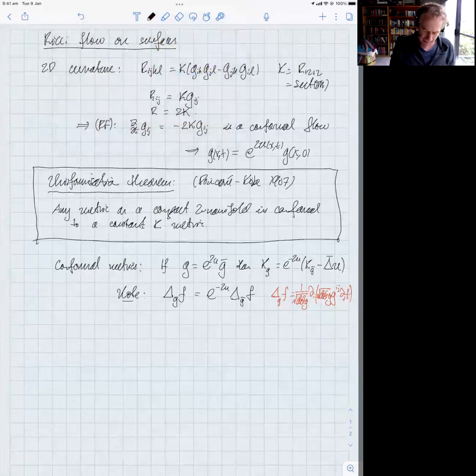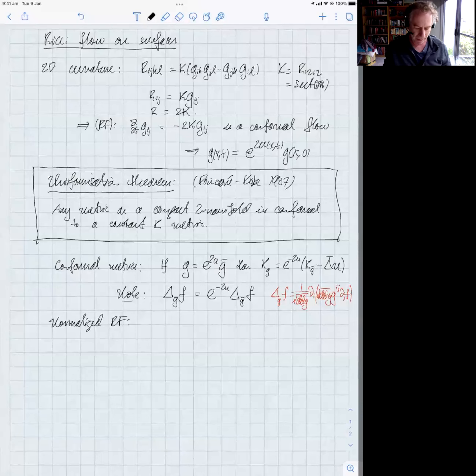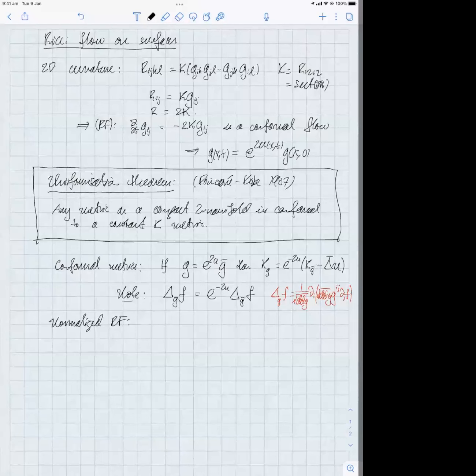Okay, so let me go then to the normalized Ricci flow. So I guess we've looked at this before, but in the 2-dimensional case, this is particularly simple. So let me just remind you how the derivation of this normalized flow goes. We're going to rescale the metric to make the area fixed.